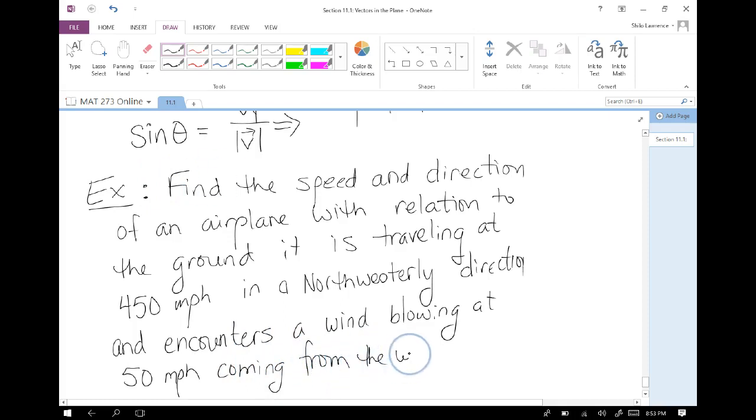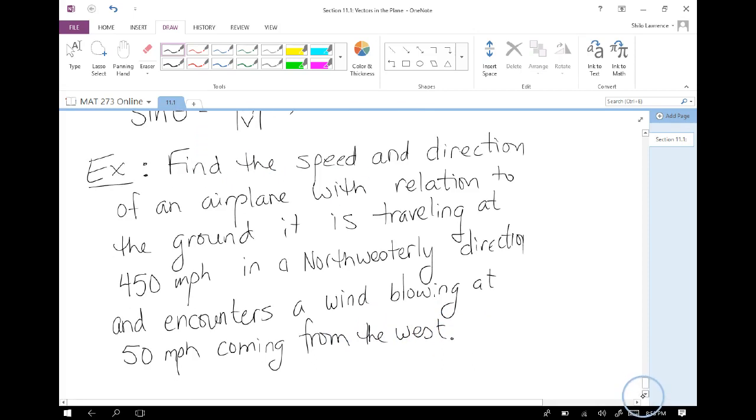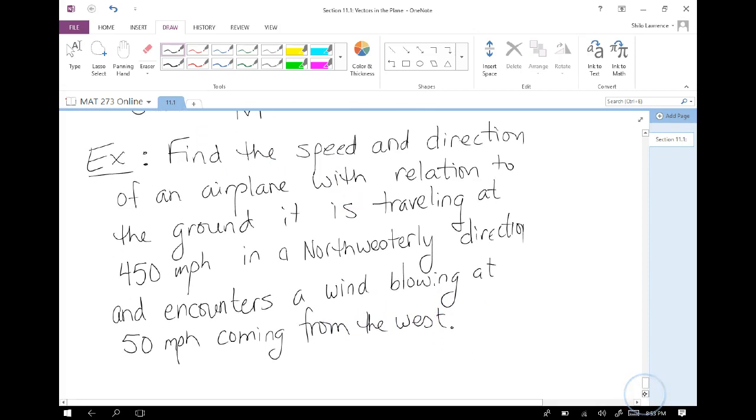Now there are a couple of little tricks in this problem, but I'm not doing it on purpose to try to trick you. These are common ways to represent both an airplane's magnitude and direction and a wind's magnitude and direction. In meteorology, when we talk about winds, we don't describe the direction they're blowing in. We describe the direction they're coming from.